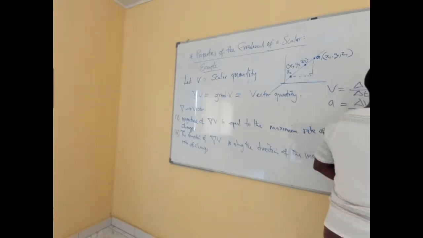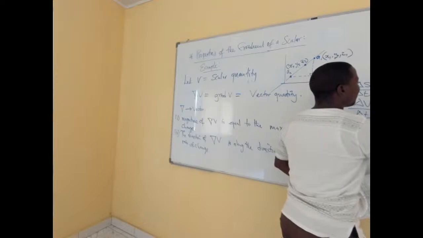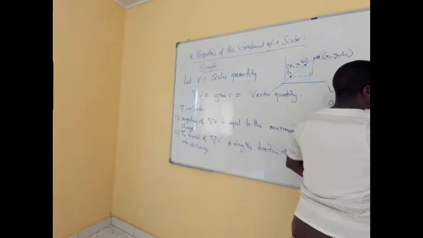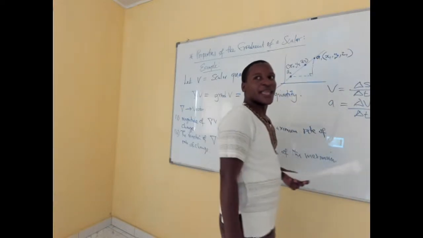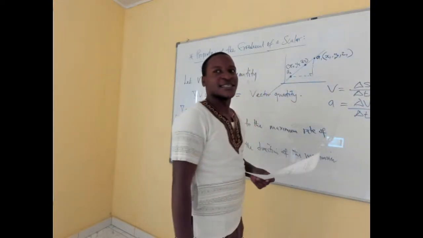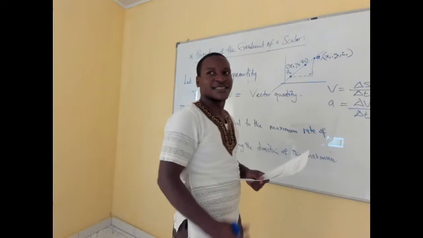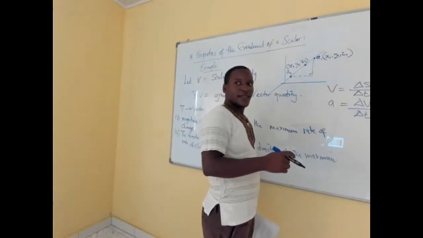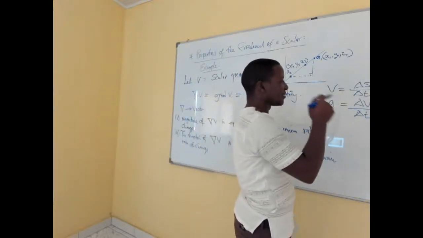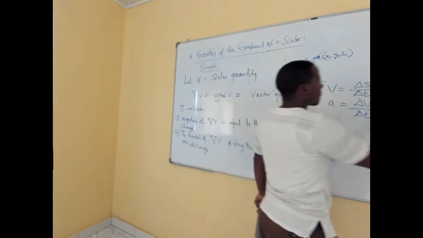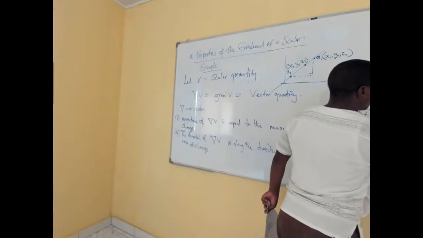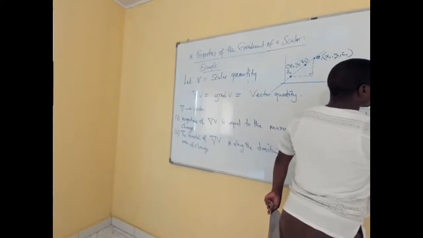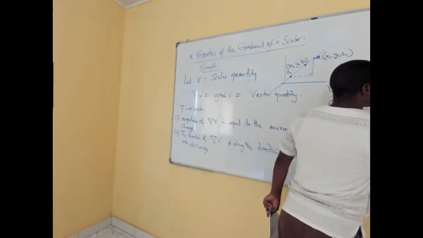In other words, the implication is that if we have a surface like the one from the first example, the change here will be in this direction.